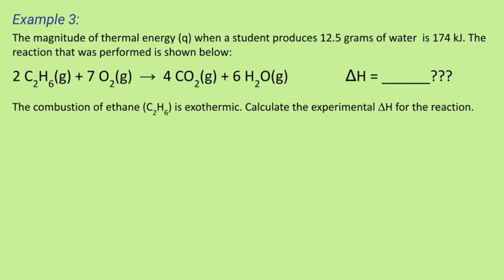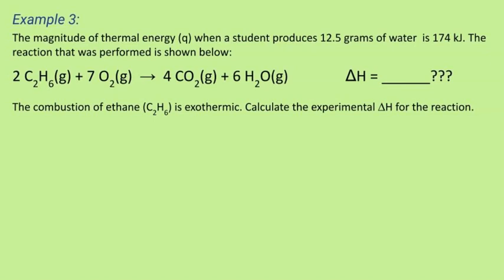So since we know that combustion is exothermic, we know that the delta H value, even though it only gives us the magnitude, so the absolute value, is going to be negative 174 kilojoules released when 12.5 grams of water is produced.